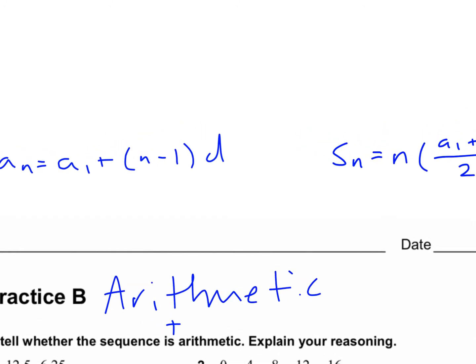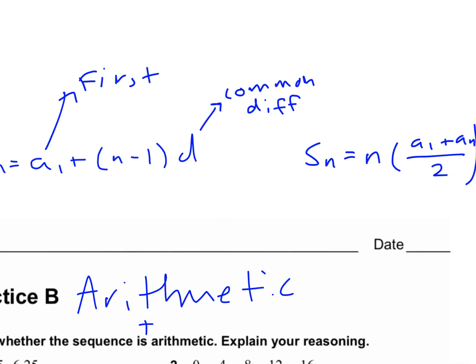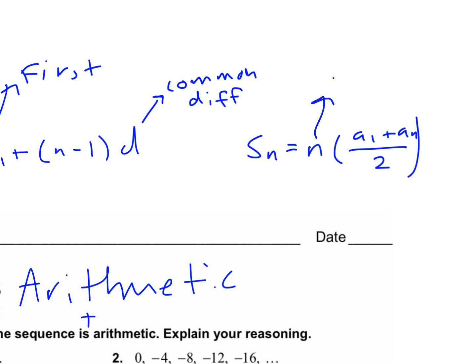So a sub 1 is our first term. d is our common difference. n is our number of terms. a sub n is our last term.